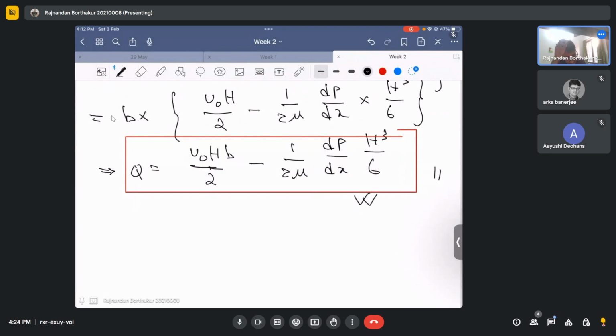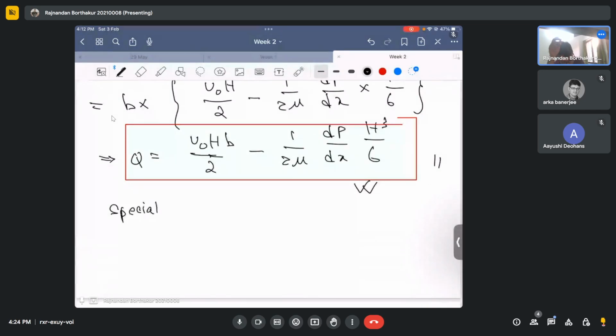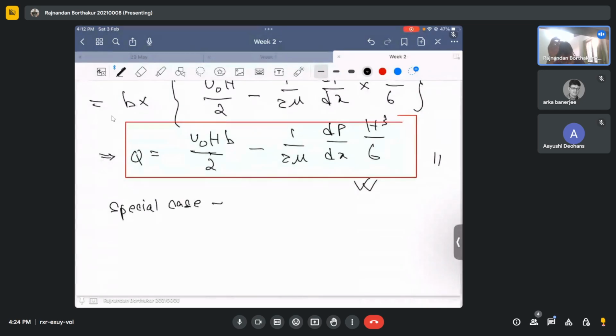A special thing just rang into my mind. If I now consider a special case where Q is equal to 0, so by some means I have enforced the condition that the volume flow rate is 0, this means that u naught h times b by 2 should be equal to 1 by 2 mu dp dx times h cube by 6.